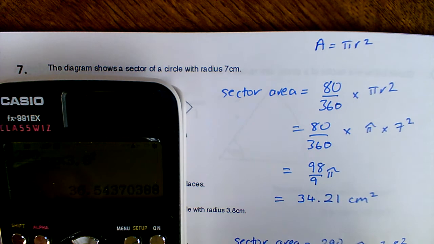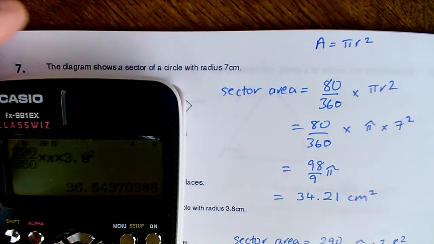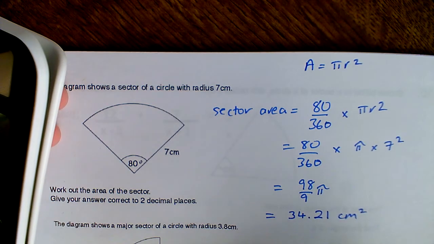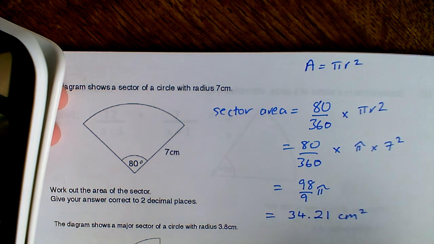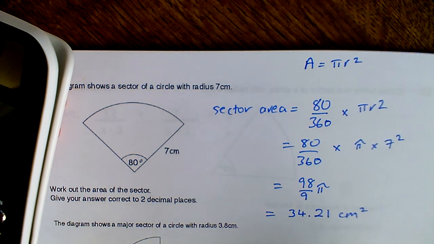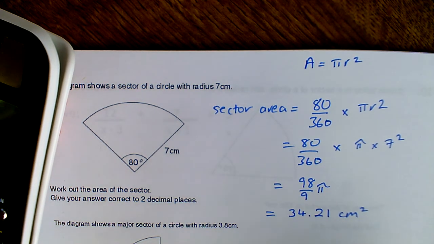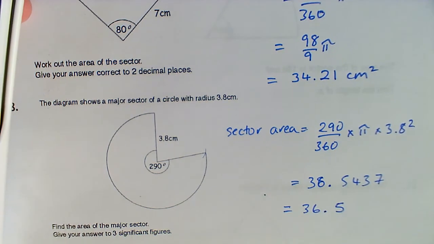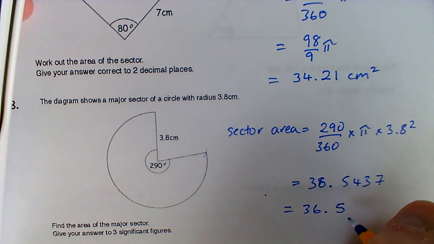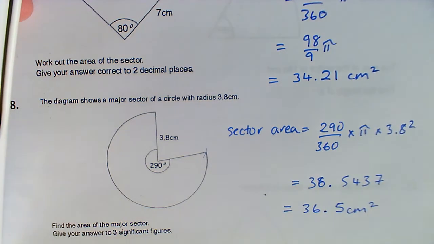And then hit your wee SD button. Now we get 36.5437, to 3 significant figures that's going to be 36.5, and our units are centimetres squared.